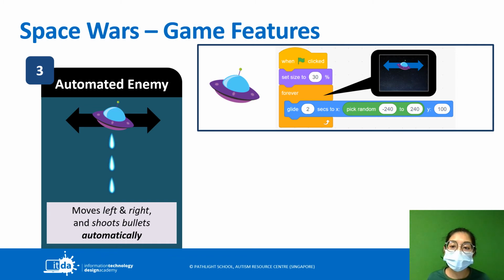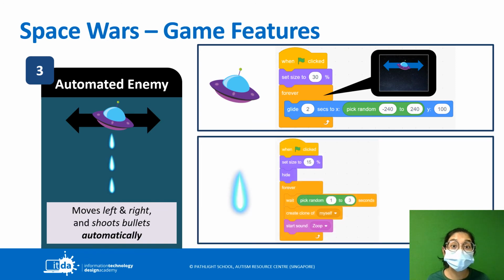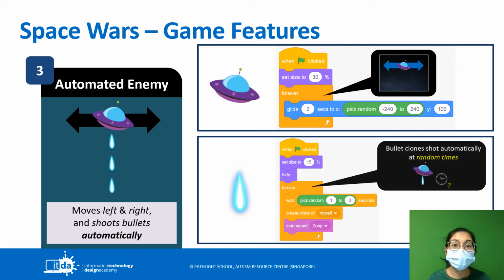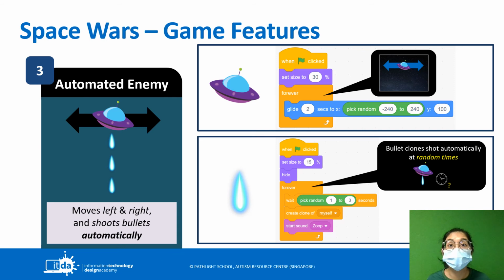This means we're going to fix the enemy on top and let the game choose a random left and right position all the time. So the enemy will move automatically left and right. Now for the shooting, this is the code for the bullets. Enemy bullet, forever wait random time, then it will clone itself and start a sound zoom. This is the code that makes the bullet come out randomly. The bullet will be shot out randomly by the enemy.